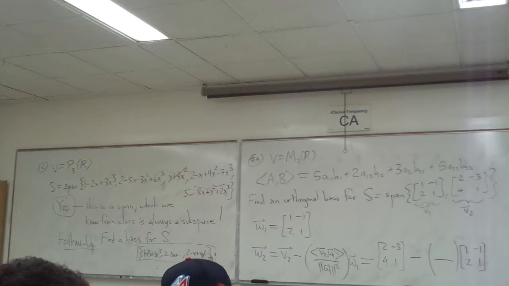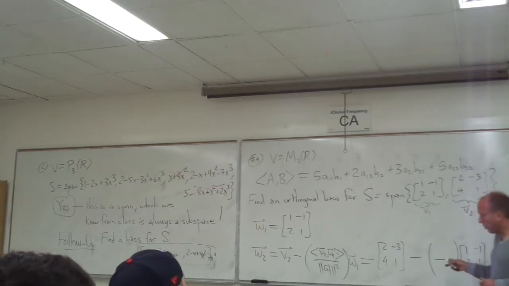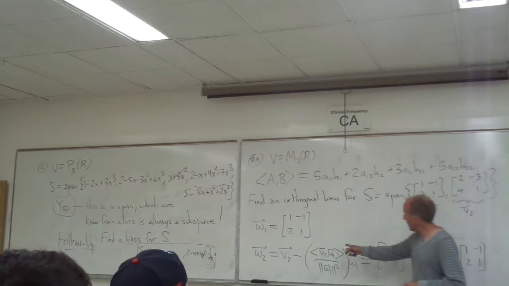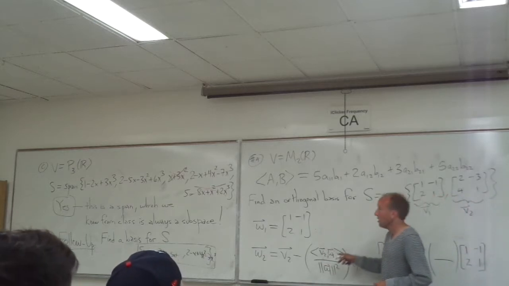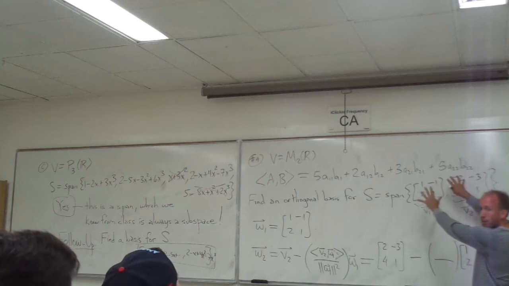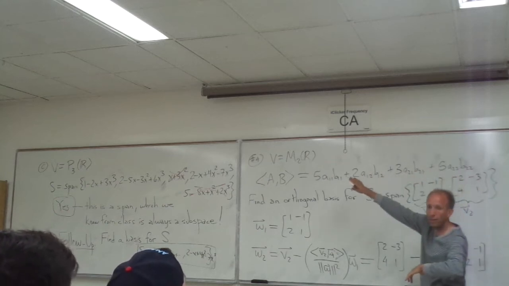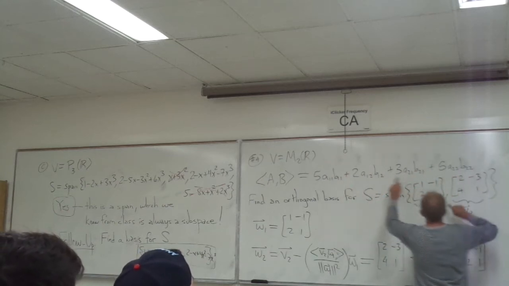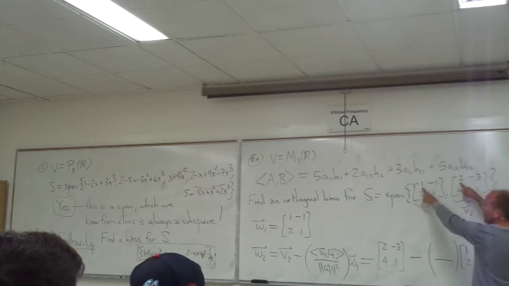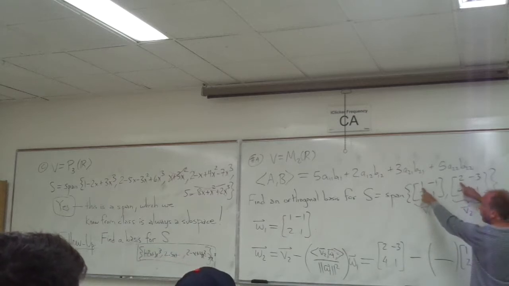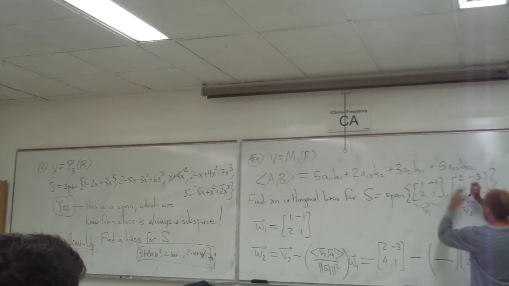So this is the Gram-Schmidt process. Let's remember what we have to put here. On top, we have to put the inner product of these two vectors. Here are the two vectors, sitting side by side, and here's the formula. I'm going to take 5 times A11 times B11. So that's 5 times 1 times 2, that's 10.